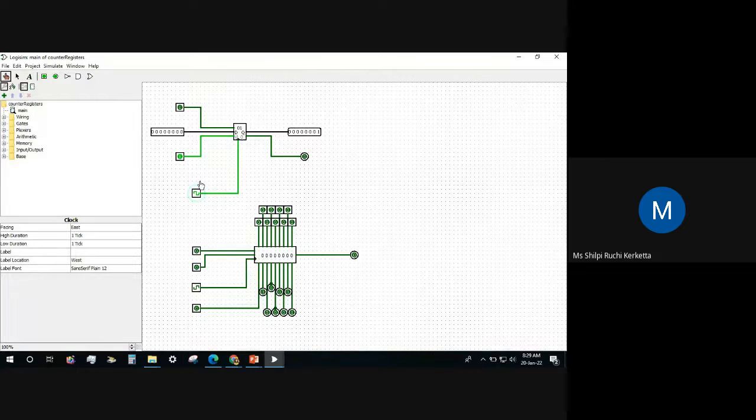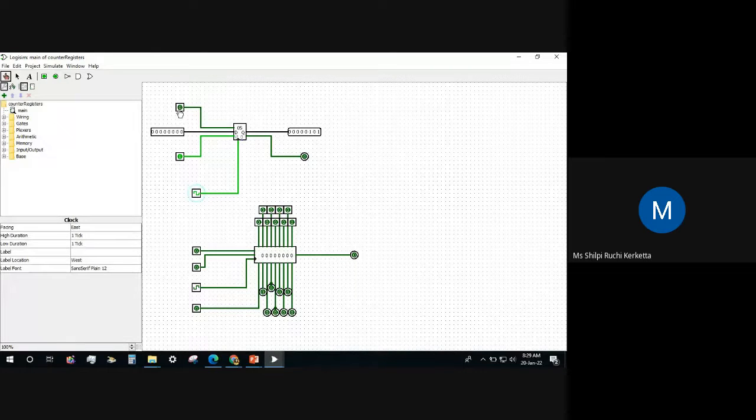so whenever we are getting a 1, it is changing. So this is becoming 1, then again it is becoming 0 1 0. Okay, and for the third clock it is becoming 0 1 1, and for the fourth it is becoming 1 0 0, and then the fifth it is becoming 1 0 1. So this is an up counter.